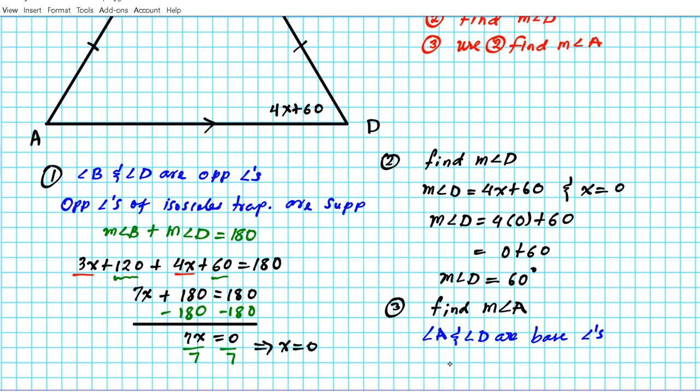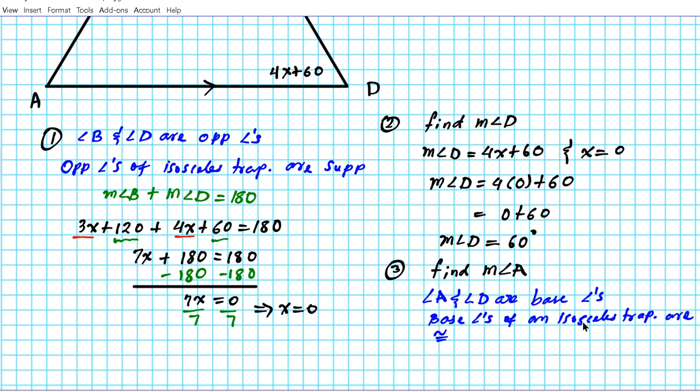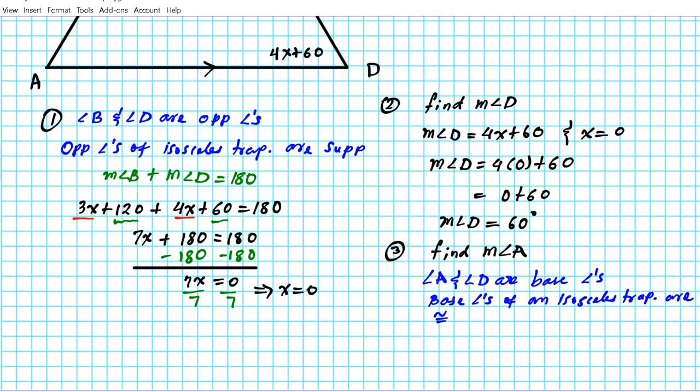So basically this means that they are congruent. Base angles of an isosceles trapezoid are congruent.